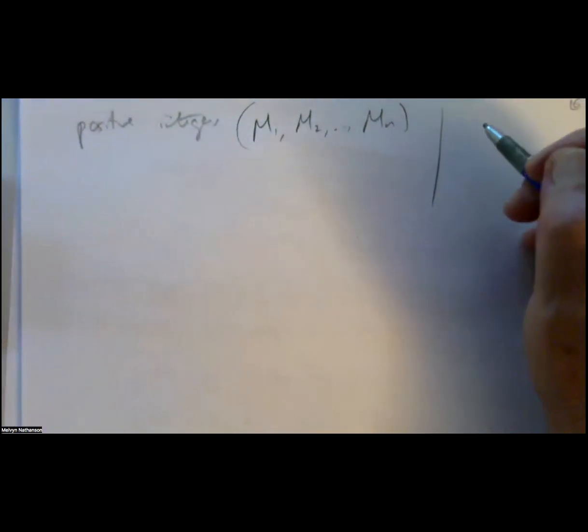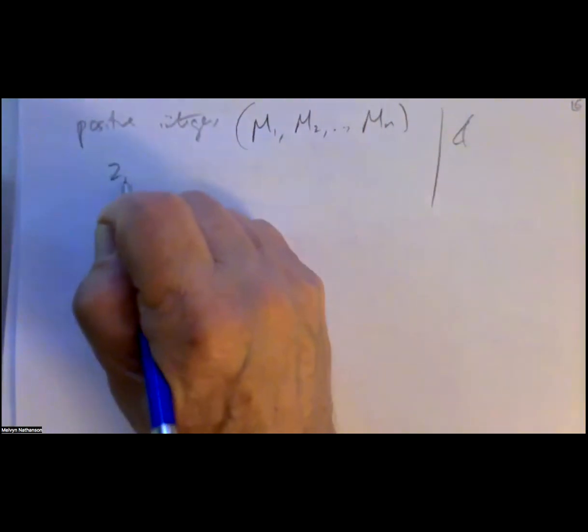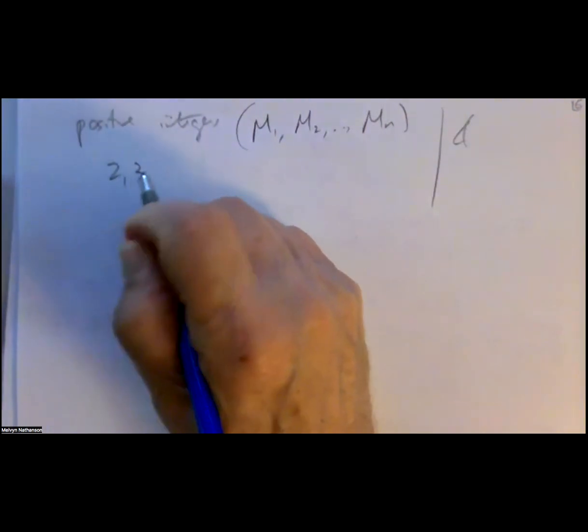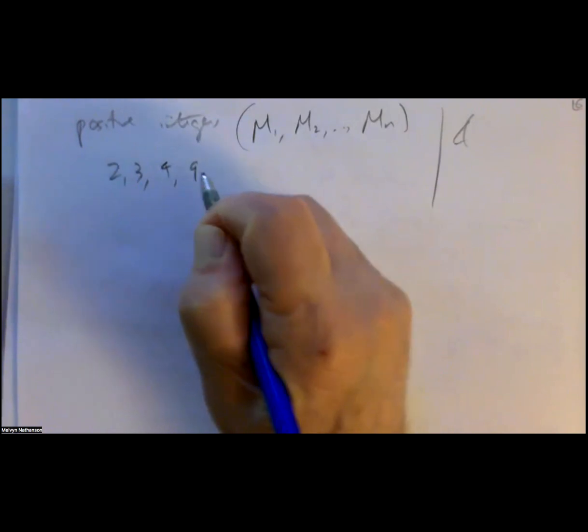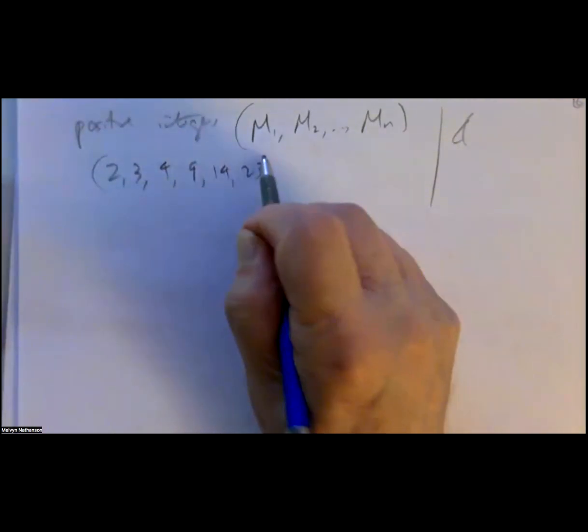Let me give an example. Suppose I have the numbers 2, 3, 4, 9, 14, and 23.